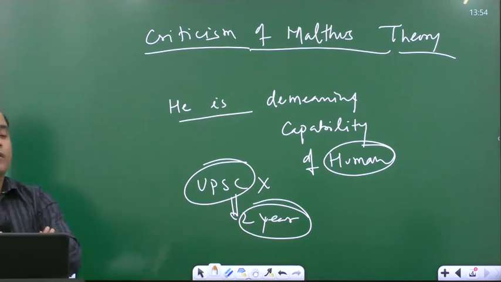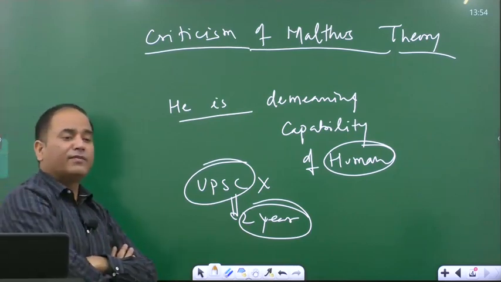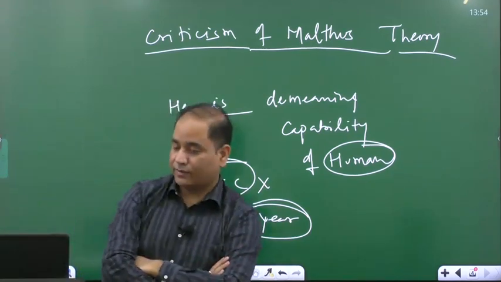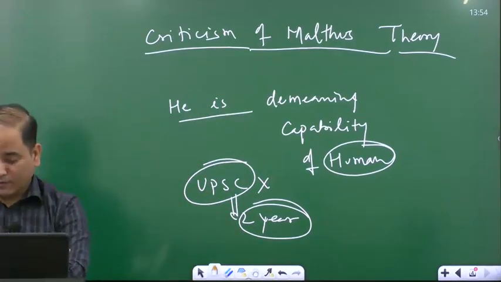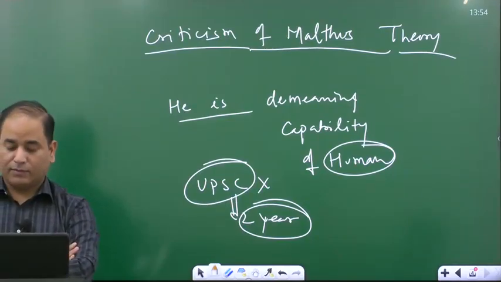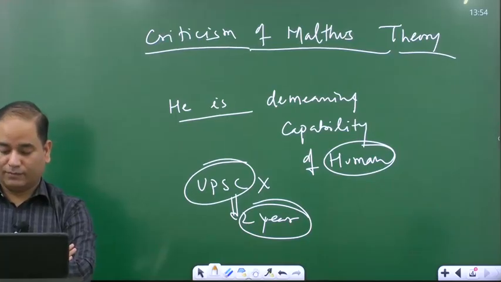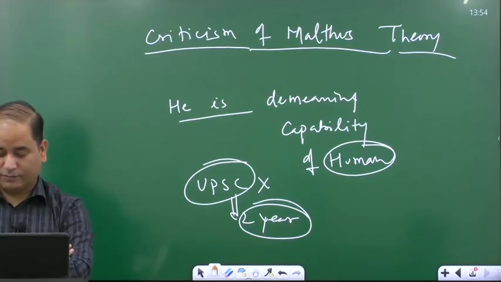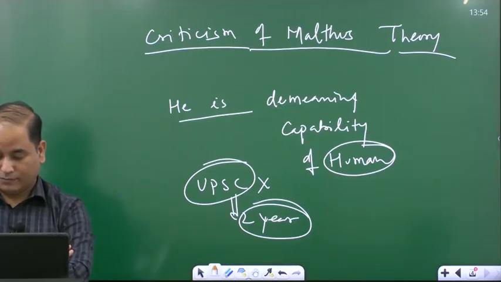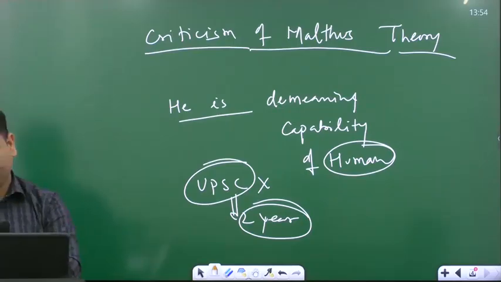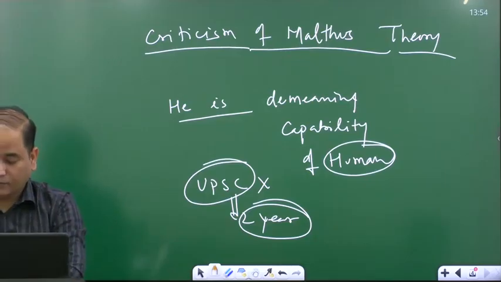Also, next point, the time span of 25 years for doubling population is far from reality.